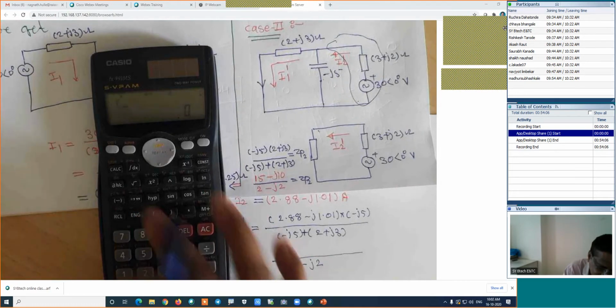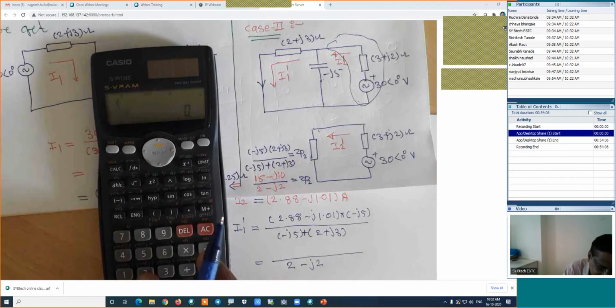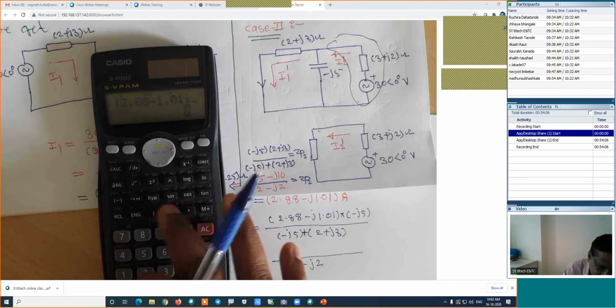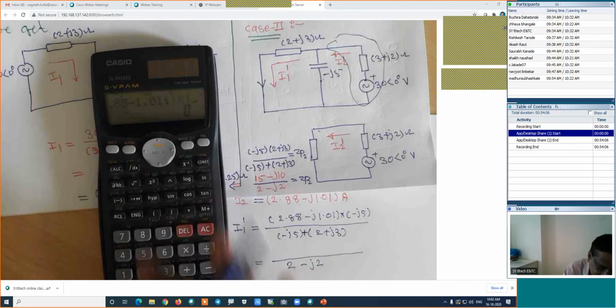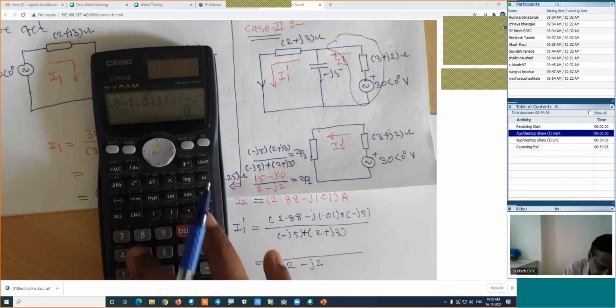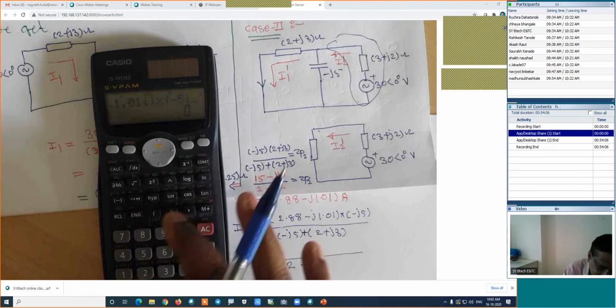Then how is the numerator? In the numerator, the multiplication of these two parts is start bracket 2.88 minus j1.01 close bracket into start bracket minus j5 close bracket is equal to.